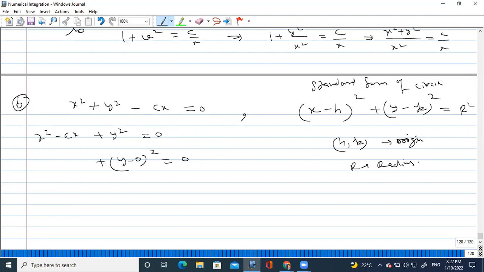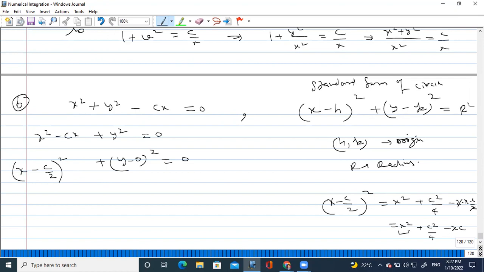You can put it like x minus c by 2 whole square. If you open it, it will become x square plus c square by 4 minus twice into x into c by 2. So 2 and 2 cancel, and that becomes x square plus c square by 4 minus xc.